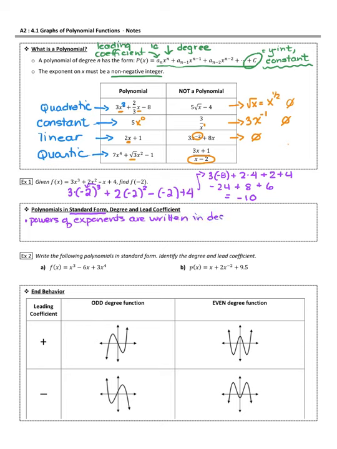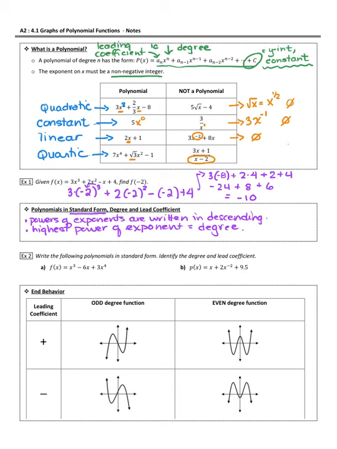So the highest power comes first, then the second highest power, etc., etc. The highest power is what gives it the degree. So we'll write that, the highest power of the exponent equals the degree of the polynomial. And the number in front of that again is also the lead coefficient.